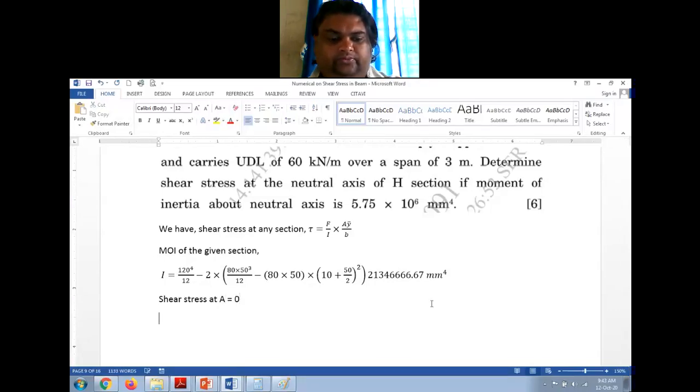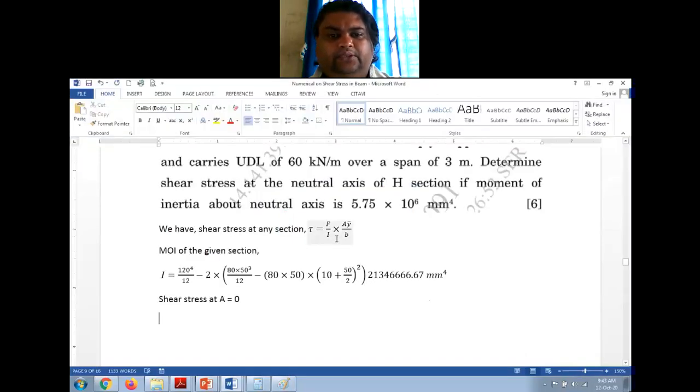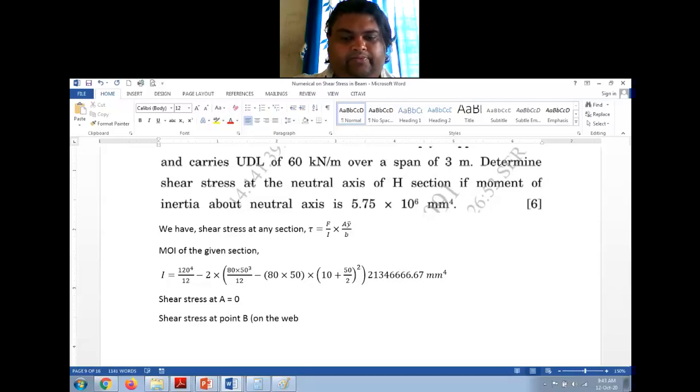There is no material above A, so it will be 0. Shear stress at point B, which is on the web, right? It is on the web.